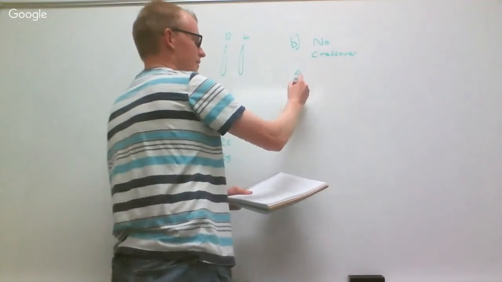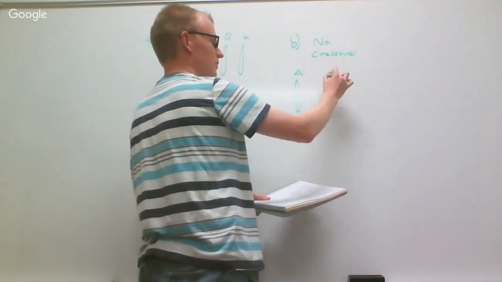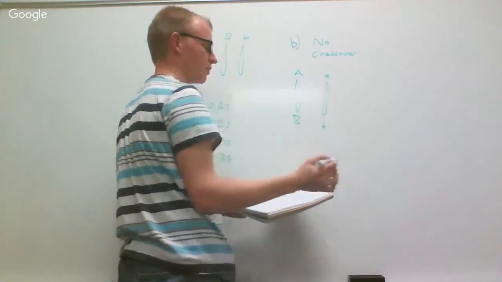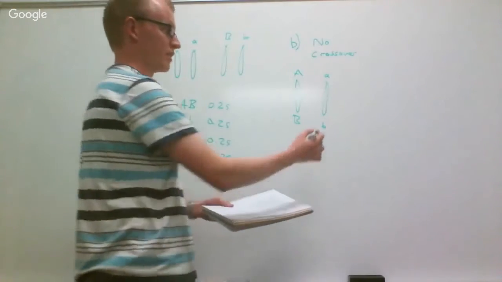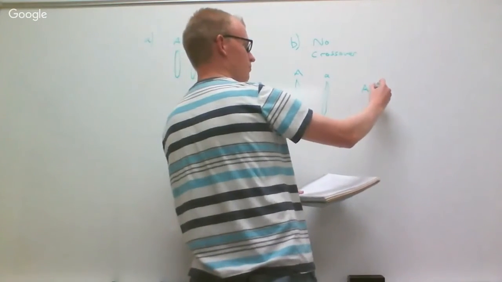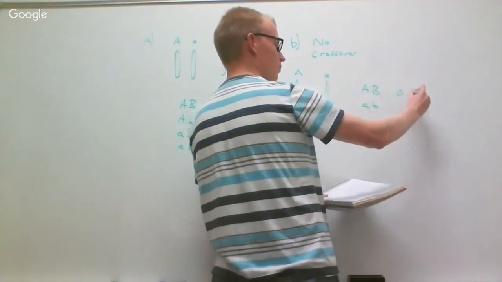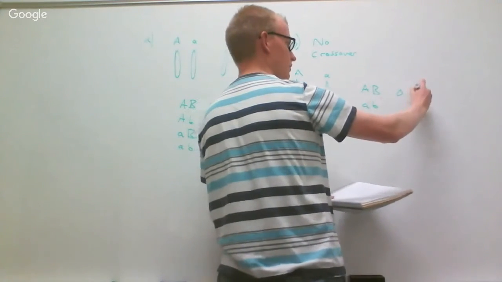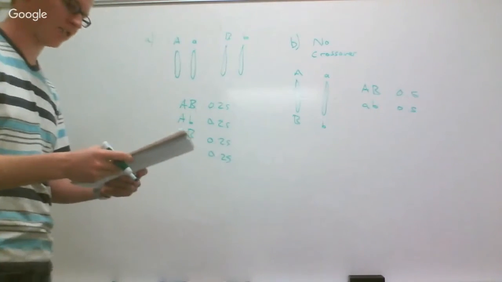And so in this case, big A and big B are linked. Little a and little b are also linked. And if there's going to be no crossover, you get 50% big A, big B, and 50% little a, little b. 0.5, or 50% each.